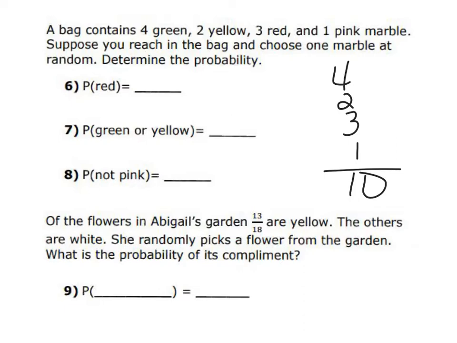Okay, now that we know what the possible outcomes are, we can go ahead and find the probability of the favorable event. The probability of getting a red marble, 3 out of 10. Is that unlikely or likely? Unlikely.